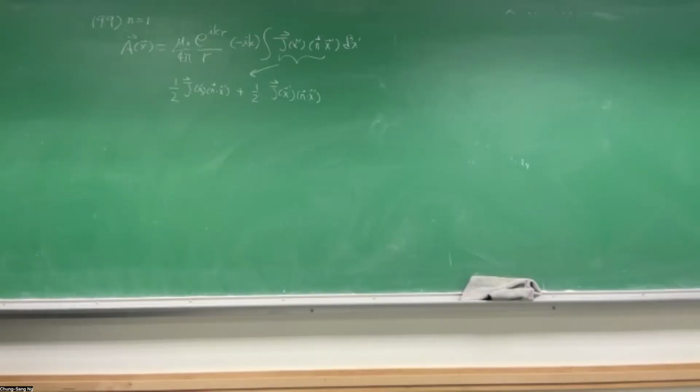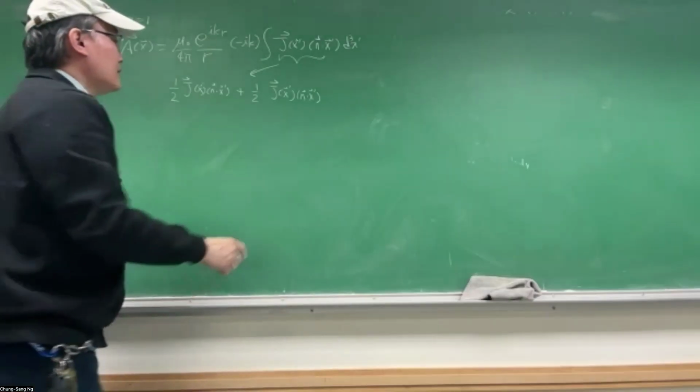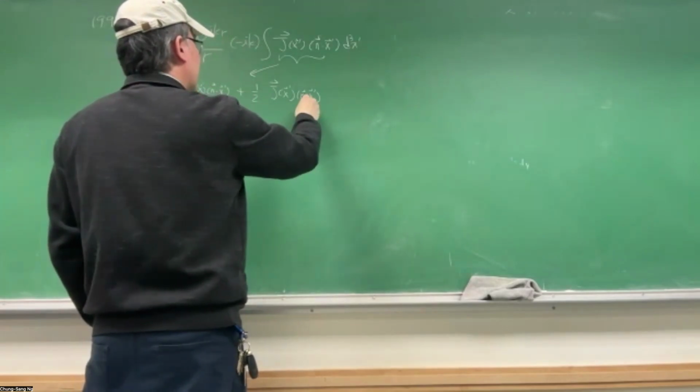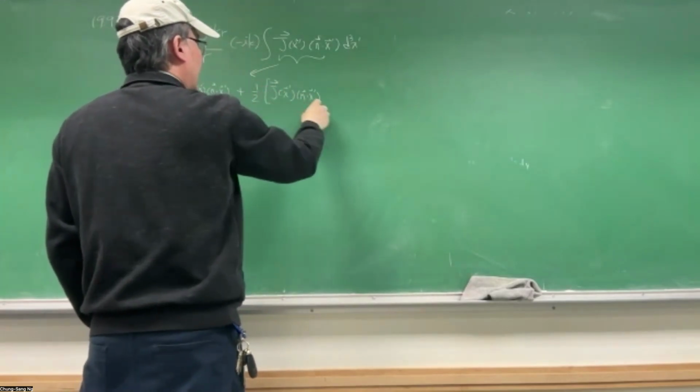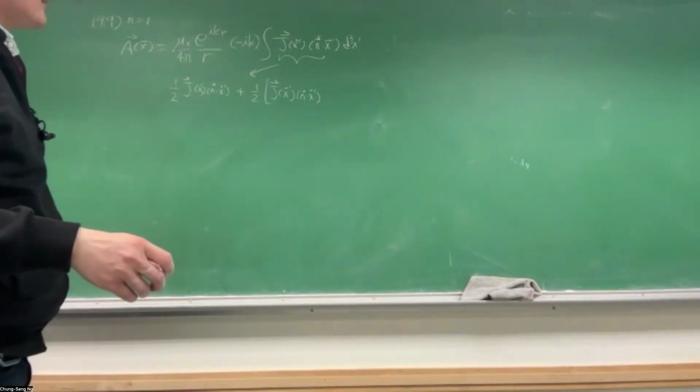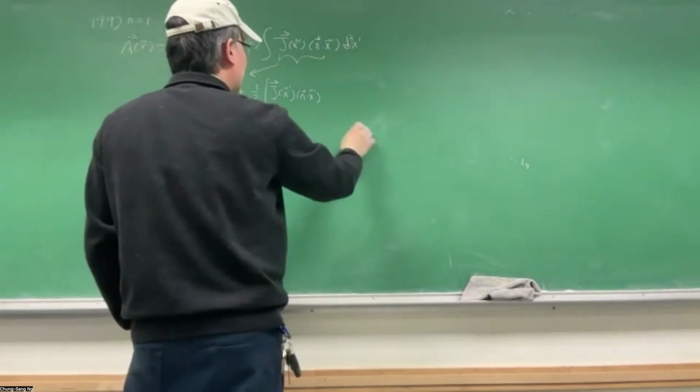And then you add and subtract the same thing to basically add 0, but after you add that, you naturally separate it into two parts.